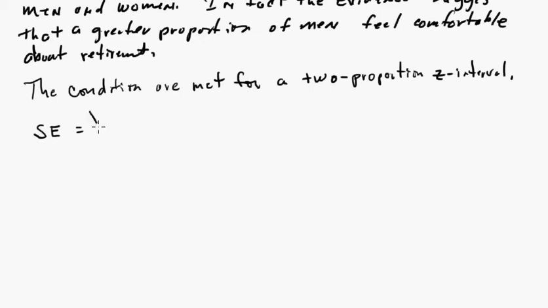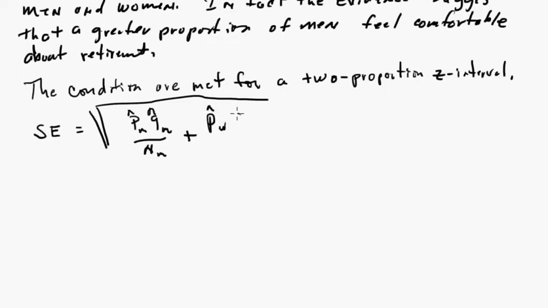So that's the standard error of p hat, the square root of p hat m times q hat m over n m plus p hat w times q hat w over n w.